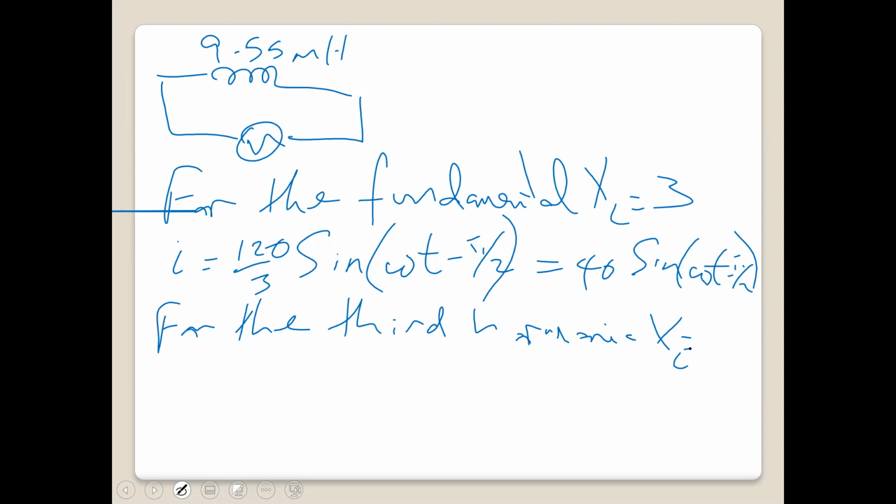You have three times as many waves as the fundamental.